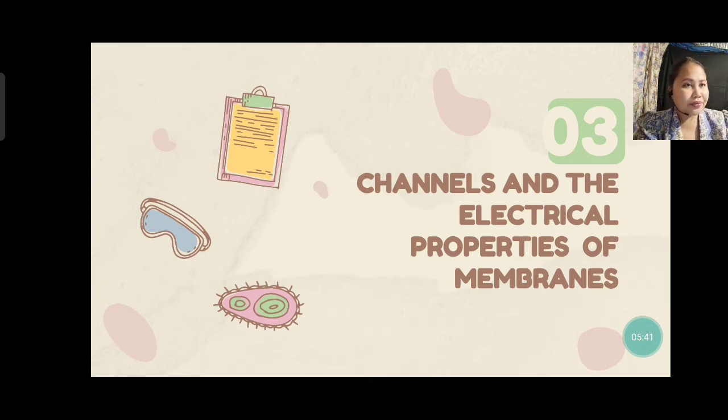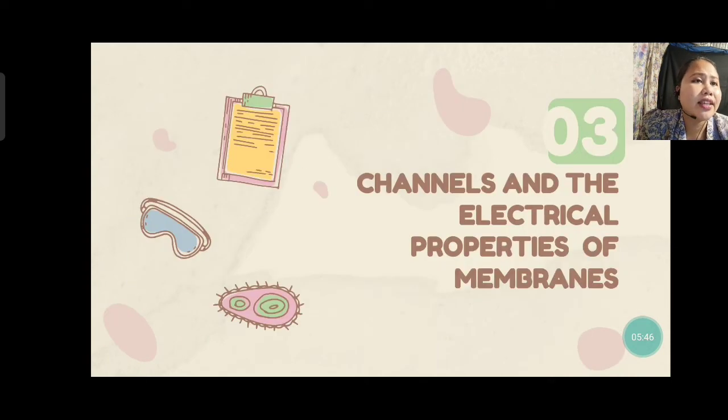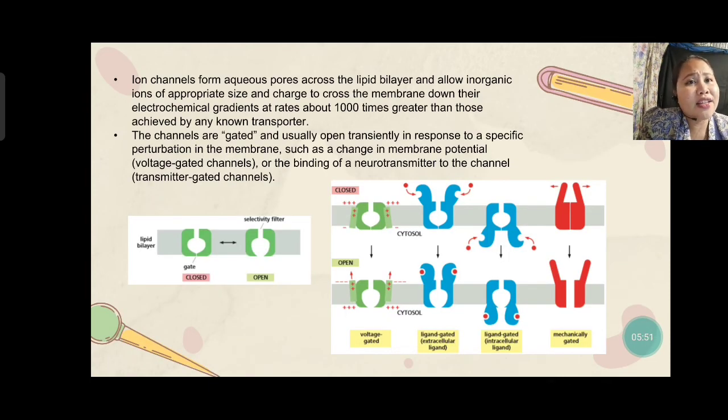Ion channels form aqueous pores across the lipid bilayer and allow inorganic ions of appropriate size and charge to cross the membrane down their electrochemical gradient at rates about 1,000 times greater than those achieved by any known transporter. So these aqueous pores are also known as the aquaporins.